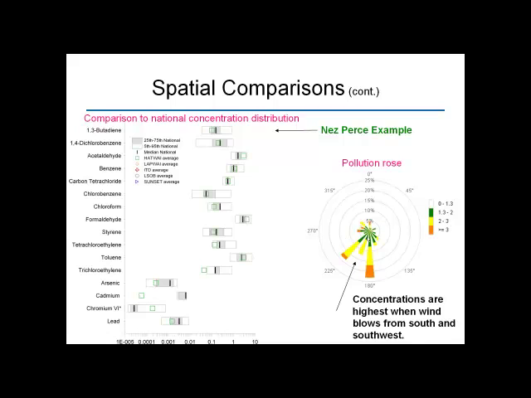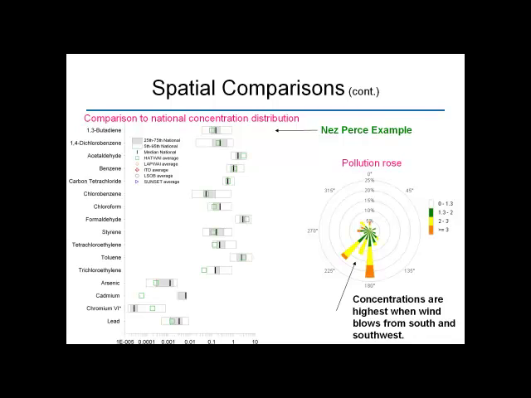And then another good way to do a spatial comparison is to look at a pollution rose. I'm pretty sure that most people have seen a pollution rose, but basically this just plots what the distribution of concentration is when the winds are blowing from a certain direction.